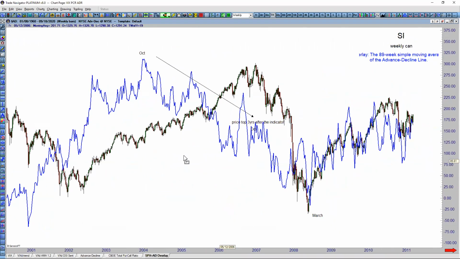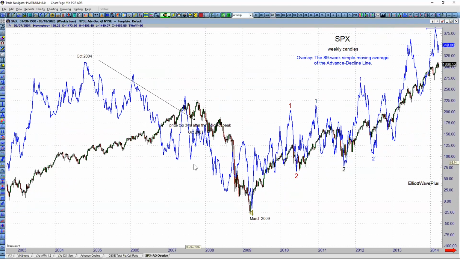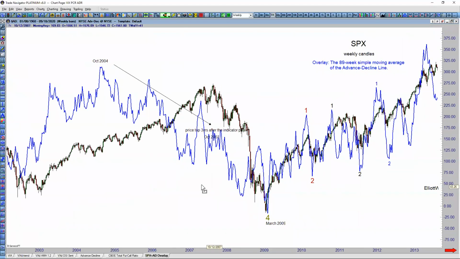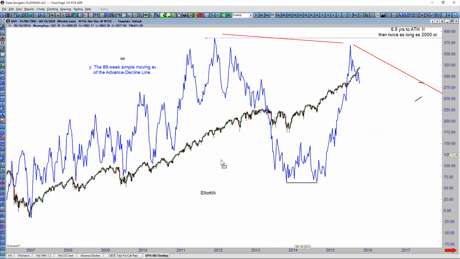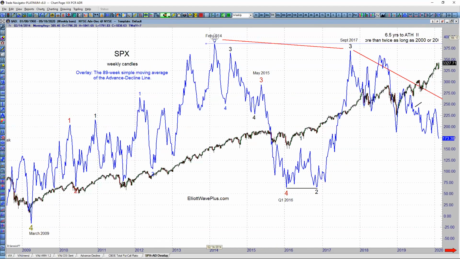And then this indicator topped in October of 2004, and that was 3 years exactly prior to the top in the stock market in October of 2007. So it's generally about a 3-year lag. So in February of 2014, the indicator topped, and you move forward 3 years from there, 1, 2, 3, and it's more like 4 years to get to that top in January of 2018.